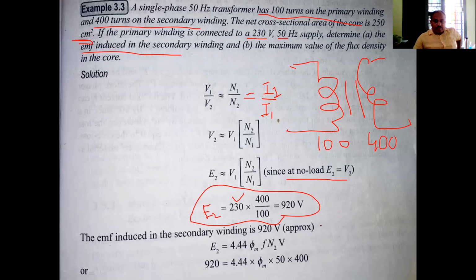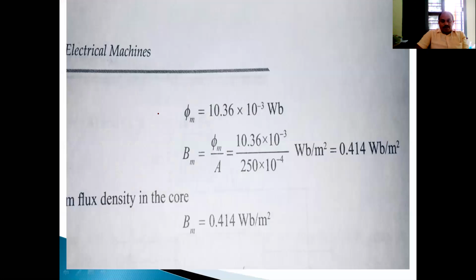So we know the EMF equation of the secondary winding: E2 equal to 4.44 maximum value of flux frequency number of turns on secondary, in terms of volts. Then from this we calculate the flux value. This is the calculated maximum value of flux.